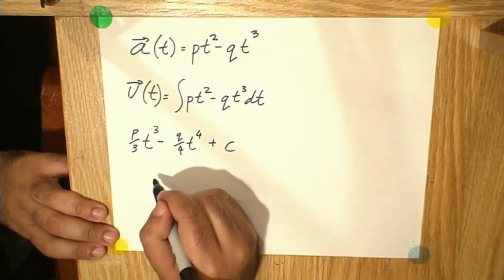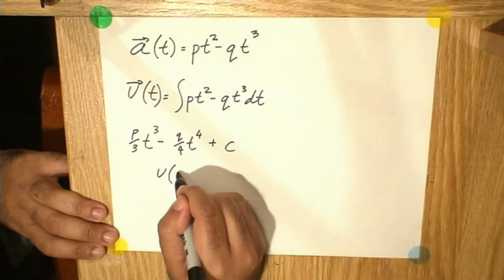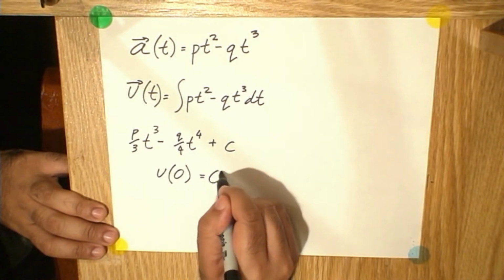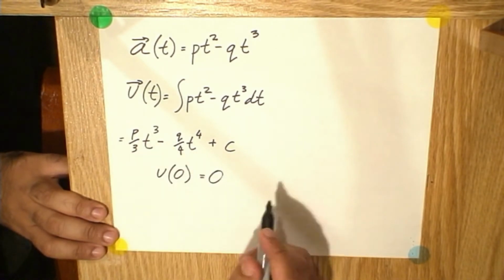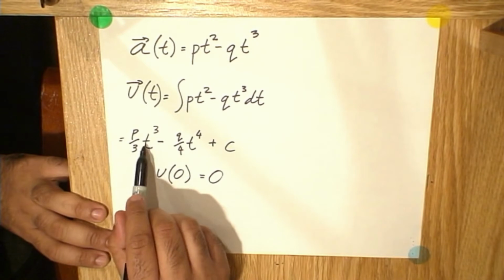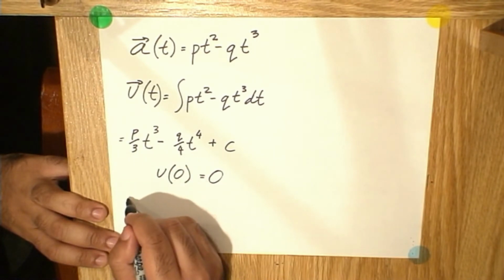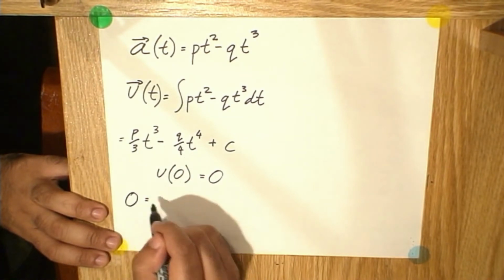Now, we were told that the velocity at a time of 0 was equal to 0. So that means that if I plugged in 0 for t, like this, I would get 0.